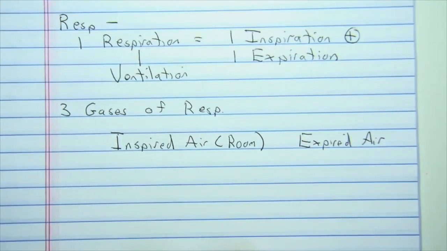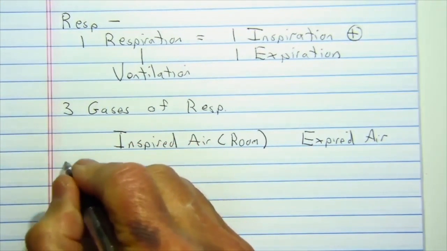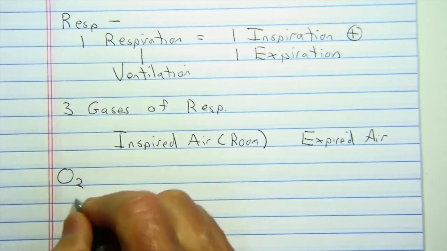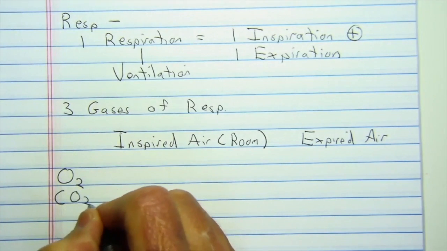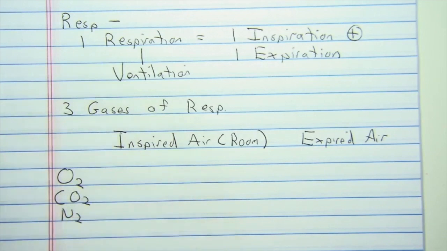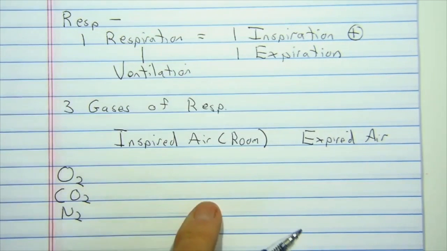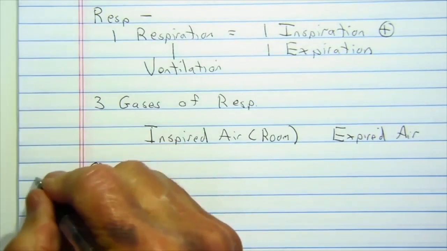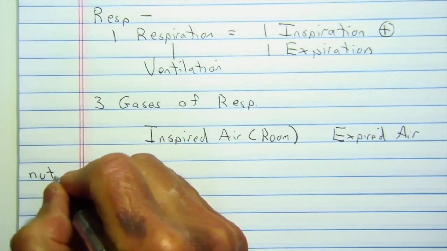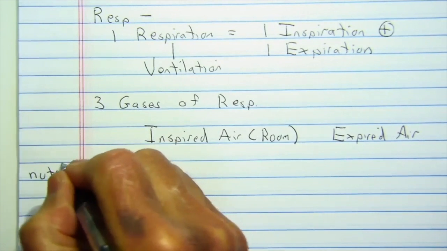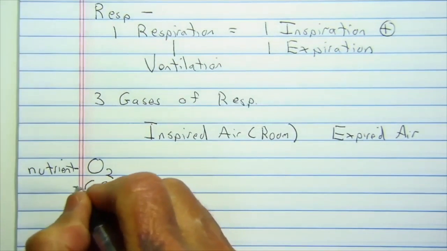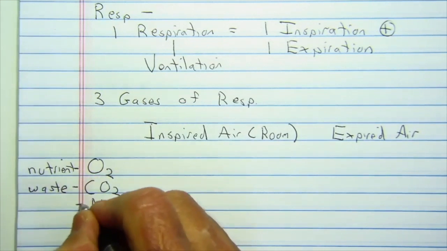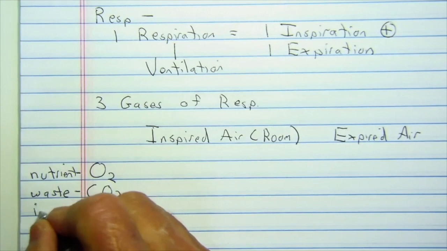And those three gases are going to be O2, CO2, and N2. Oxygen, which we're going to consider to be the nutrient gas, CO2 considered to be the waste gas, and N2 or nitrogen, the inert gas.